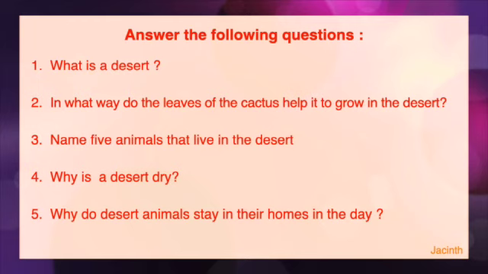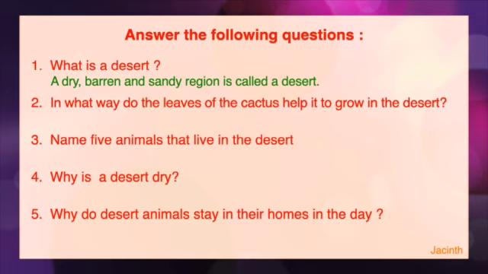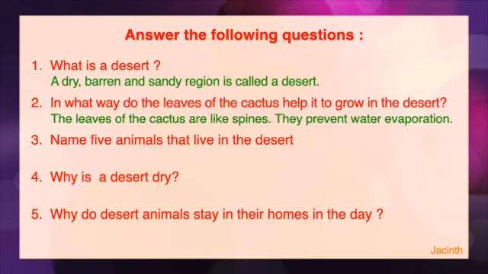What is a desert? A dry, barren, and sandy region is called a desert. 2. In what way do the leaves of the cactus help it to grow in the desert? The leaves of the cactus are like spines. They prevent water from evaporation.